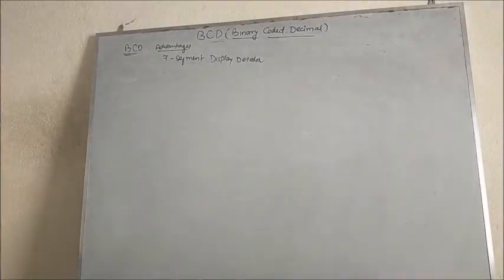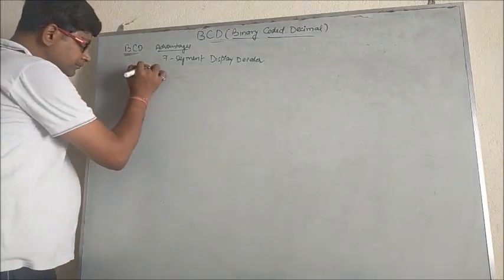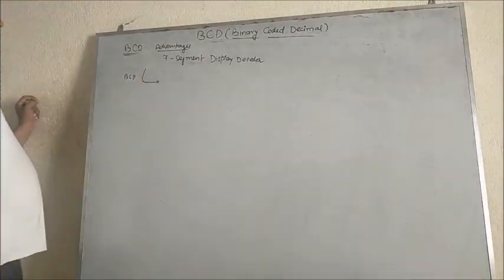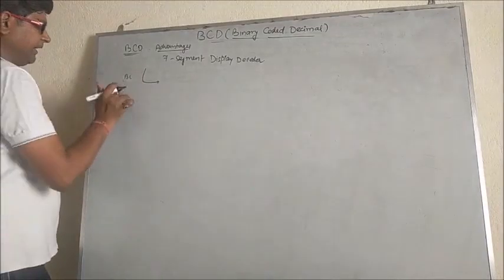main applications and advantages of BCD. Basically, the advantage of BCD is in 7-segment display decoder. Basically, it is used in 7-segment display decoder in which we are having BCD as input, and in BCD, how many inputs are there?